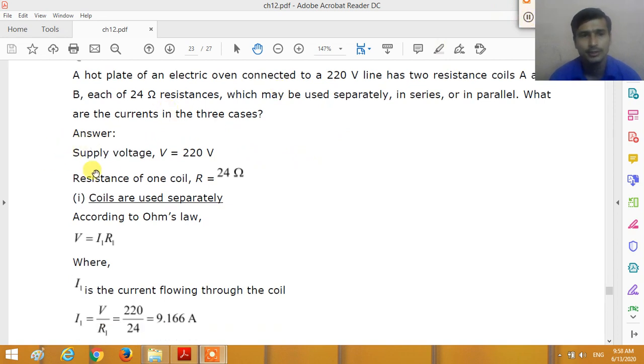Now here the supply voltage is 220 volt, and the resistance of each coil, coil A as well as coil B, is 24 ohm. So the resistance of one coil R is equal to 24 ohm. Now when the coil is used separately, what will be the current passing through the circuit?